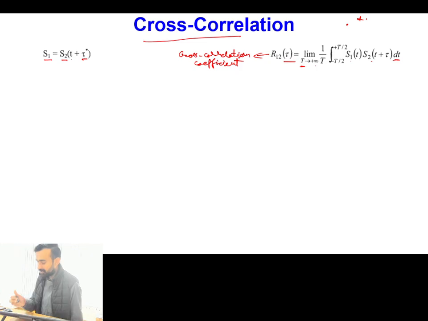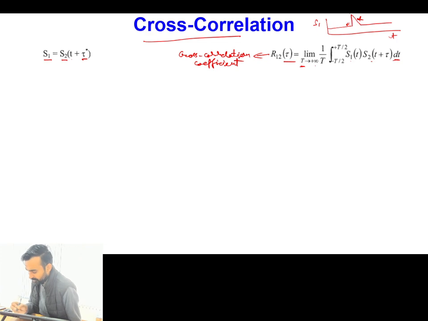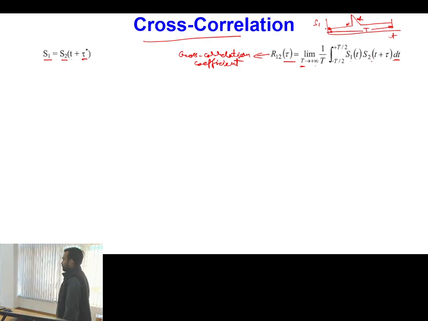So ultimately, at that particular location, we observe the signal for a large interval of time, and whatever the duration over which the signal is taken, that duration is capital T. Is this one clear?